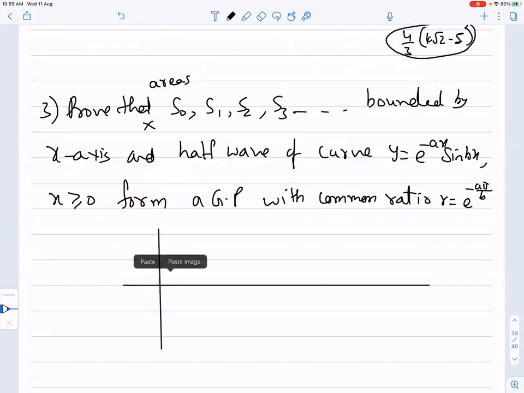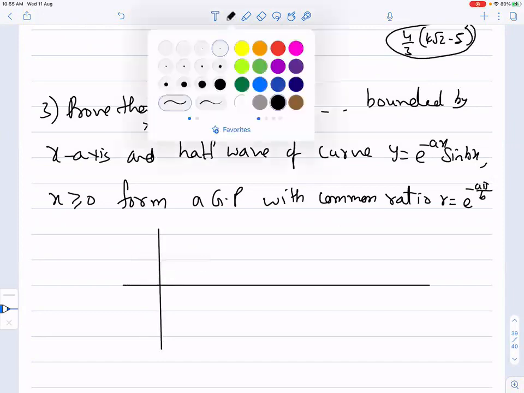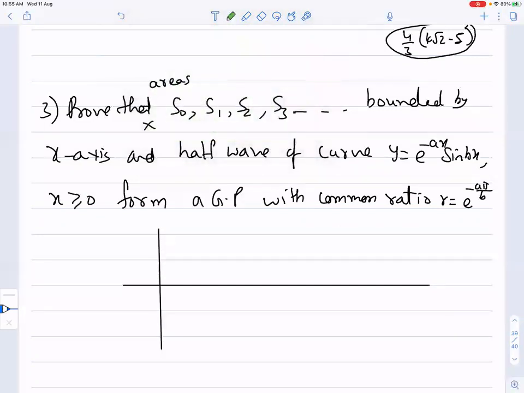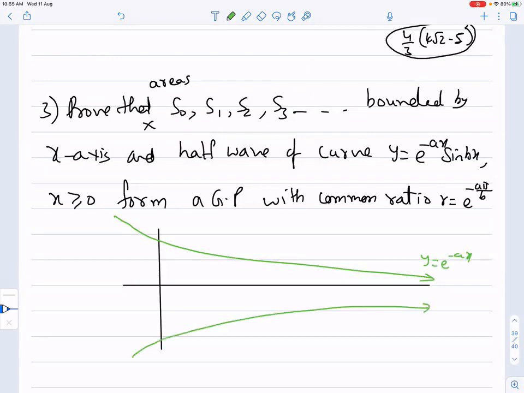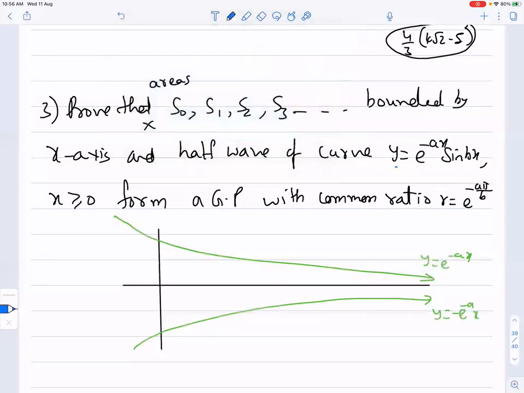Okay. Now y equal to, see the graph will be how, you know, this is y equal to e raised to minus ax, this is y equal to e raised to minus ax. Now ये वाला ग्राफ कैसा रहेगा ना, साइन मैक्सिमम होगा तो इसको टच करेगा, मिनिमम होगा तो इसको टच करेगा.